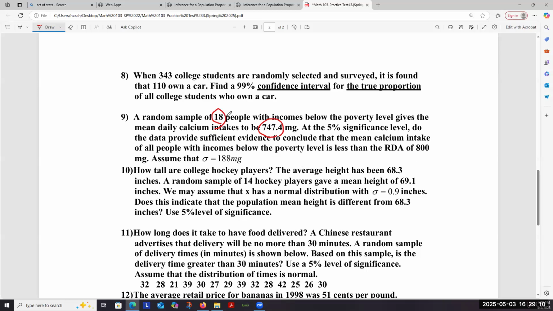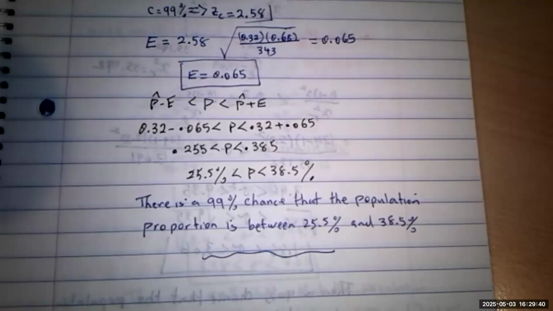You pick the 18 people, and you find this number is less than that. Based on this information, can you conclude that people with low income have a calcium intake less than 800? That's a claim that you have to test. Now, let me go back to my notebook and explain how we're going to set up the test.